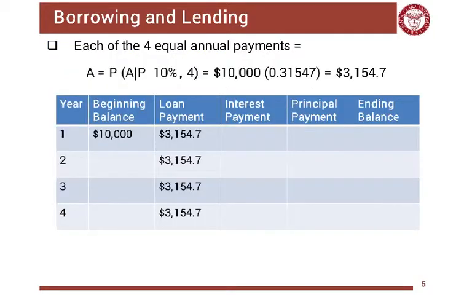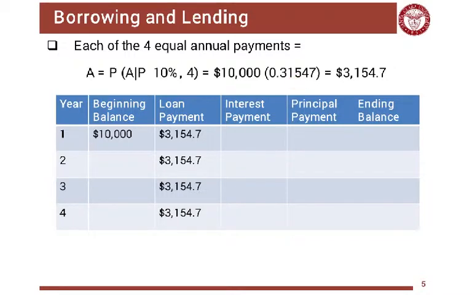It's calculated simply by using the A given P formula or table value. You have the P value, which is the amount of the loan in the beginning, and then it's A given P, the 10% interest, and 4 equal payments. So you end up with this value, which is the table interest factor that you get from the table, or you can calculate it using the formula.